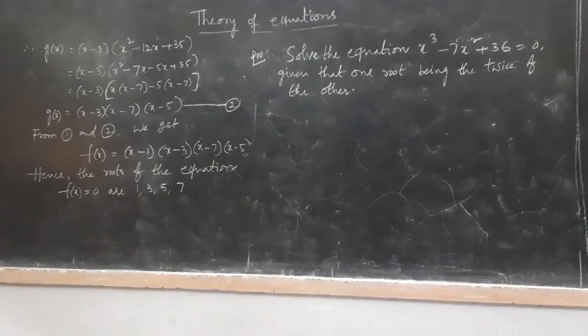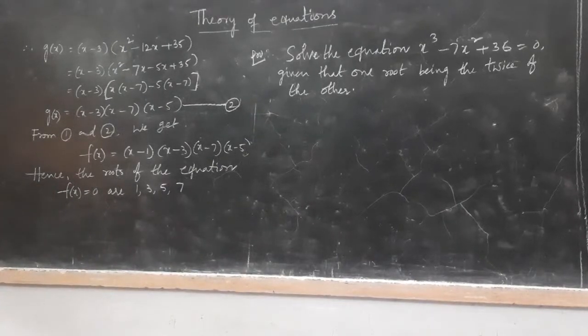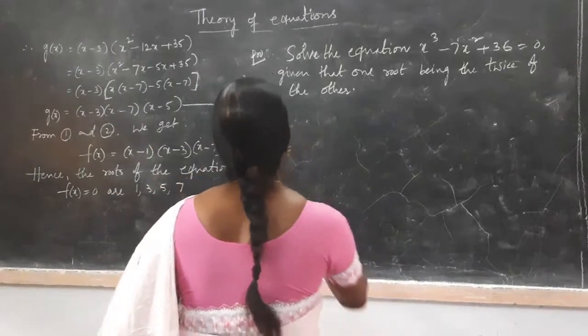So observe the problem. Solve the equation x cube minus 7x square plus 36 equal to 0, given that one root being twice the other.